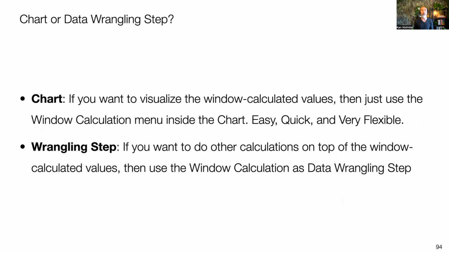As long as possible, use the window calculation inside the chart, as long as your end goal is to visualize or create a chart. But if your end goal is to create the data, then you want to go to the wrangling step. Or if you want to do some calculation on top of the window-calculated data, then you want to do the data wrangling step.